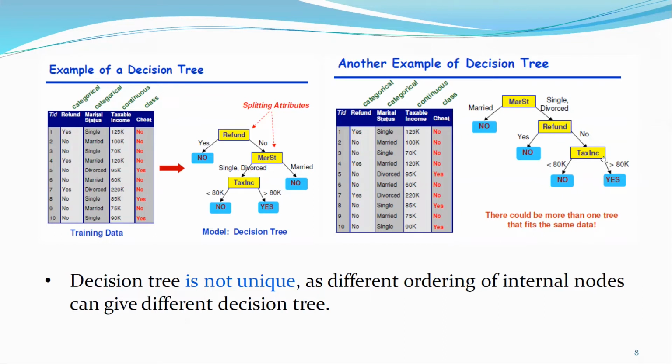We can clearly check that both decision trees satisfy the given training data set. So we conclude that for one data set, we can have more than one decision tree. That is, decision trees are not unique, as different ordering of internal nodes can give different decision trees.